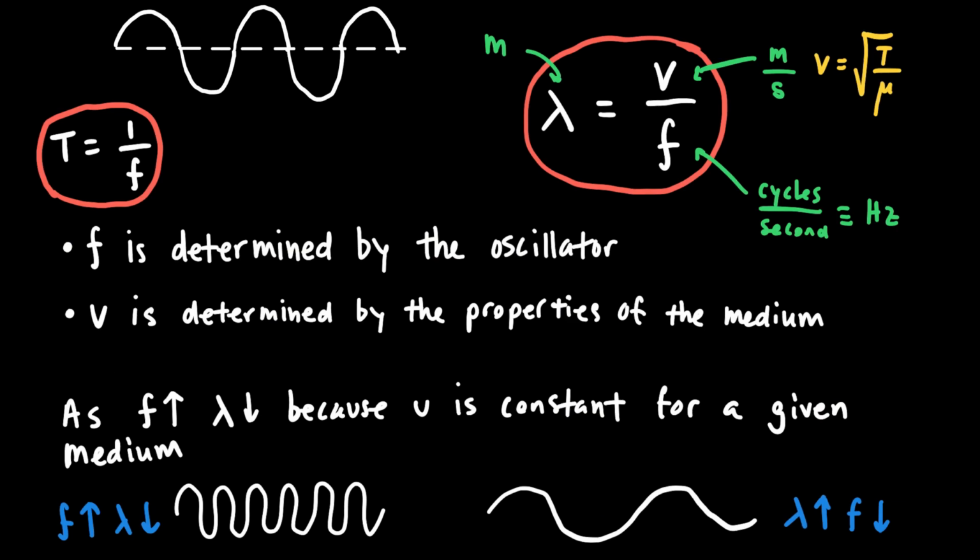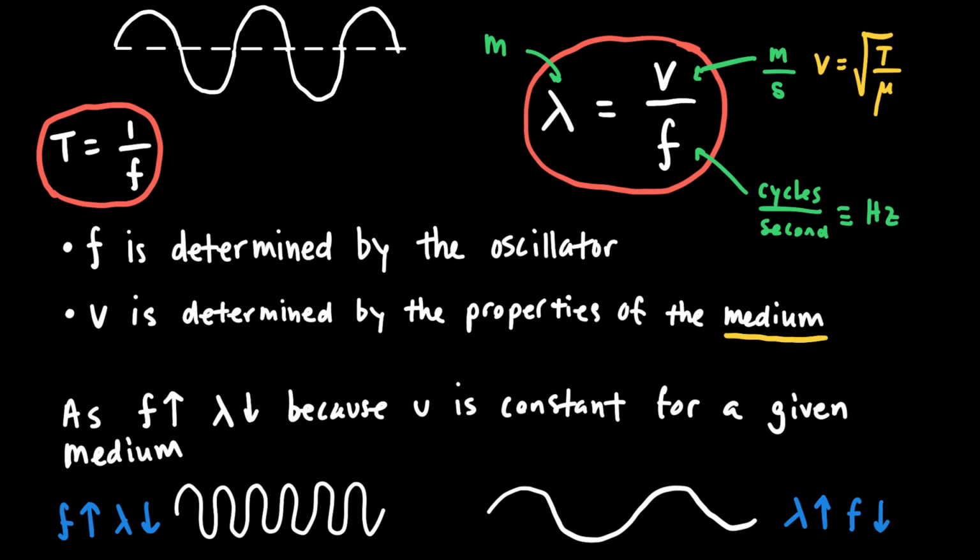Two equations that we need to know for waves in general is, first, on the right-hand side, the wave equation, which relates the wavelength, the velocity, and the frequency. In the top of the equation, we have the velocity, which is measured in meters per second. And maybe you remember that the velocity is determined by the properties of the medium, right?